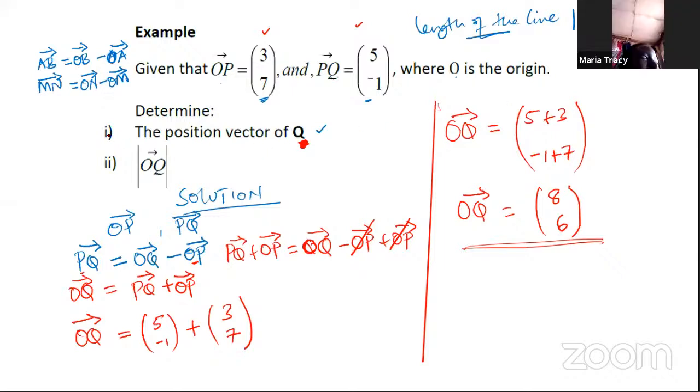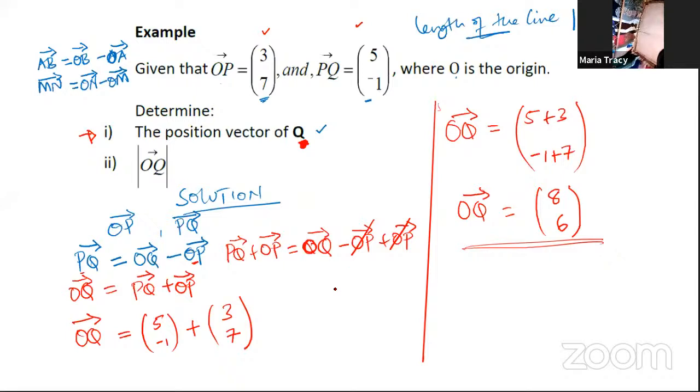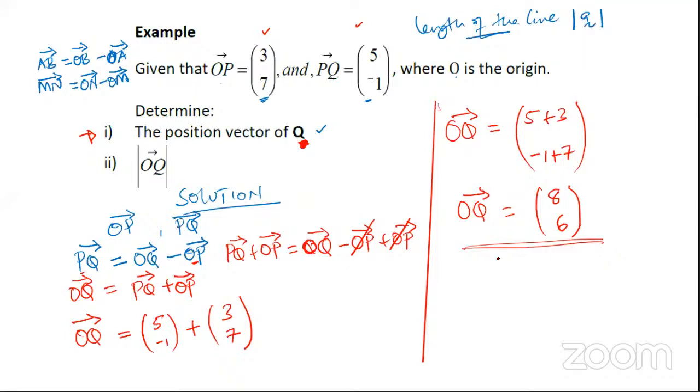We are finding the position vector for Q. And when we say position vector, we add the O, meaning position starts from the origin. That's what it means. Okay. Any other query?